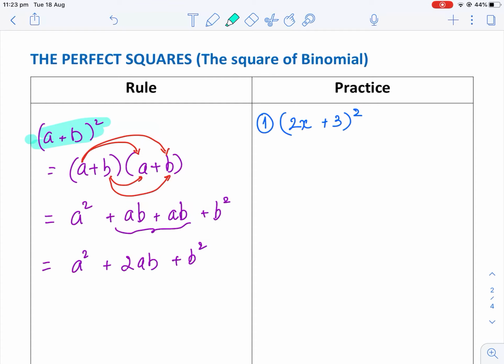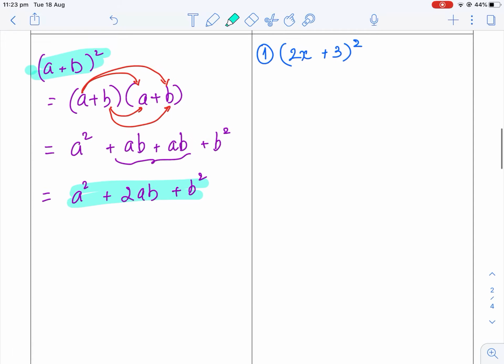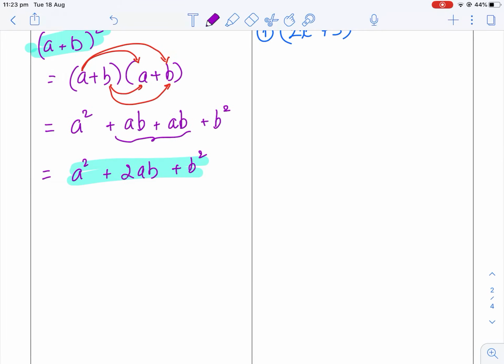So from here to here, normally you have to memorize it. This is called perfect square. So I just summarize again. It's going to be a plus b squared. You have to remember straight away your answer is going to be a squared plus 2ab plus b squared. All right, I'm going to frame it.